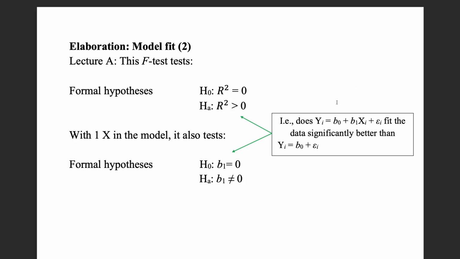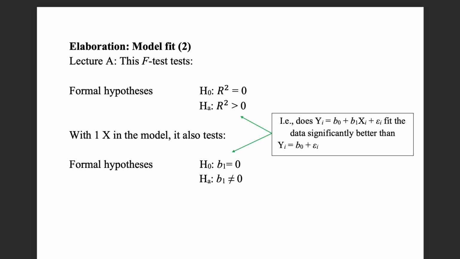Does this simple linear regression model fit the data significantly better than the most simple model we can think of, which is just using the mean, B0, as a prediction for our dependent variable?